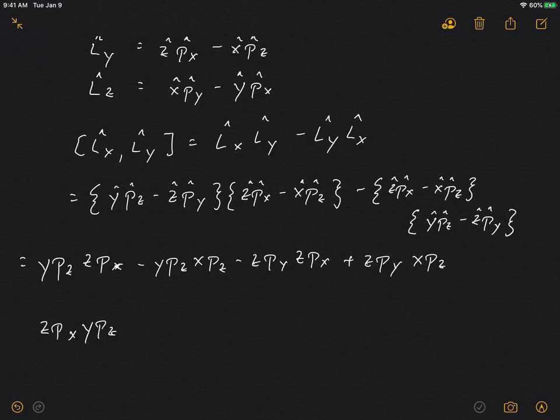And let's see, outer is going to be zpx zpy, and we have a minus sign and a minus sign, so those cancel.